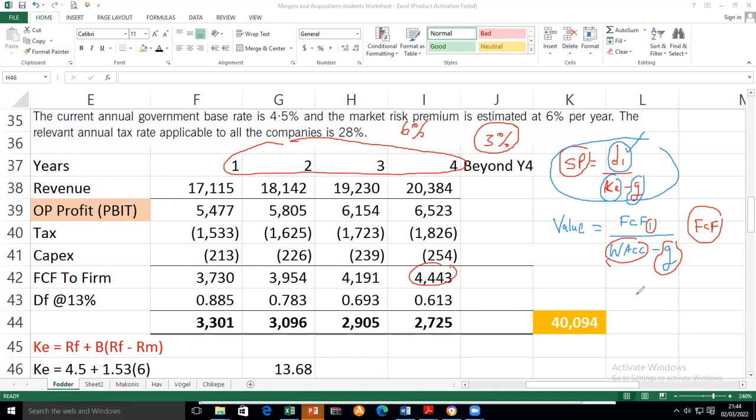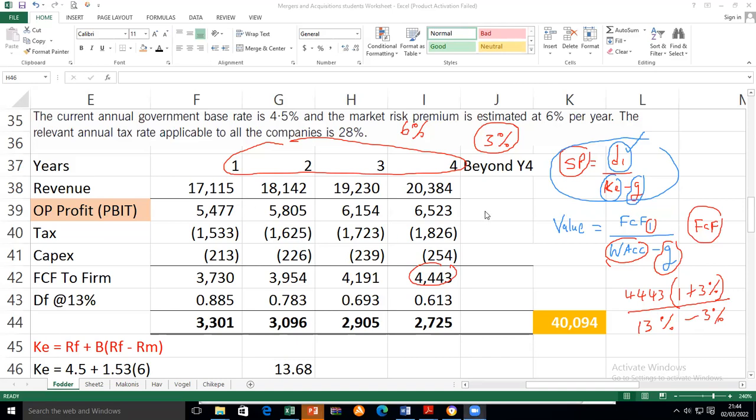So then, what will happen is that we are going to take your 443. You multiply this by 1 plus the future growth rate, 3%. You divide this by 13% minus 3%. How would that look now?